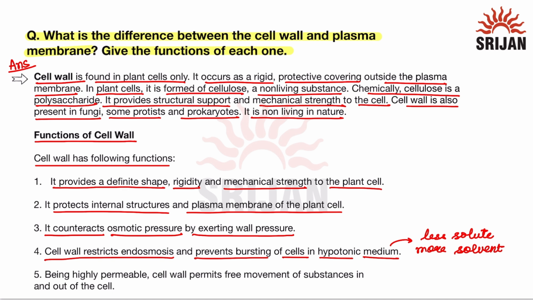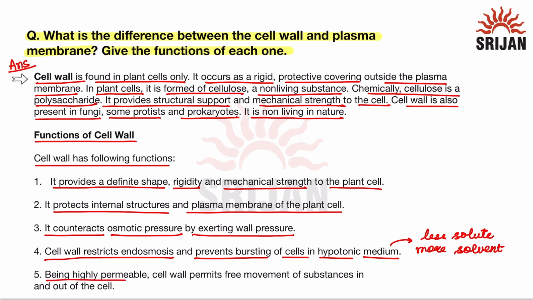So, water will move from hypotonic medium inside the cell. So, this movement of water inside the cell is called endoosmosis, and due to which it will lead to bursting of cells. So, cell wall has this function that it restricts the endoosmosis and it prevents the bursting of cells.